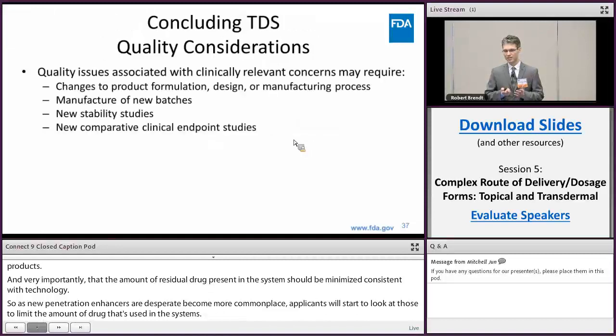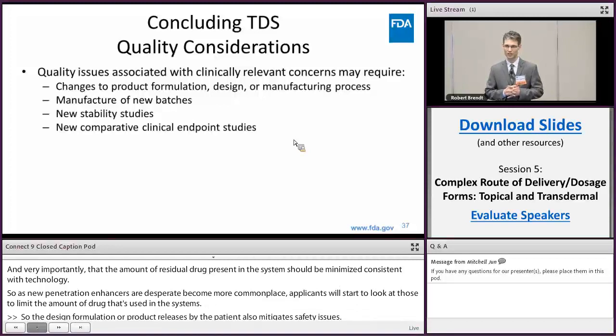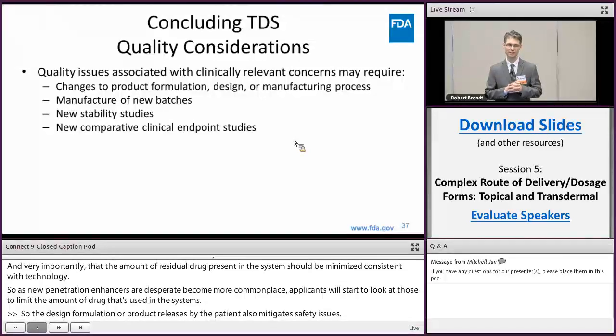So in conclusion, I've highlighted some broad topics for your consideration to avoid common quality issues that really significantly impact our ability to get first cycle approvals for these particular dosage forms and result in multiple CR cycles typically.